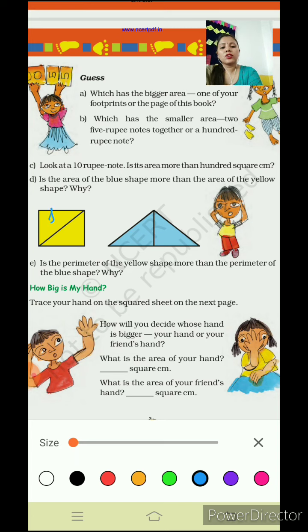Suppose it is your part 1 and it is your part 2. Okay, if you shift part 1 just like that here, it becomes the blue one.